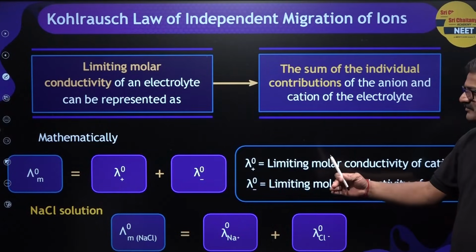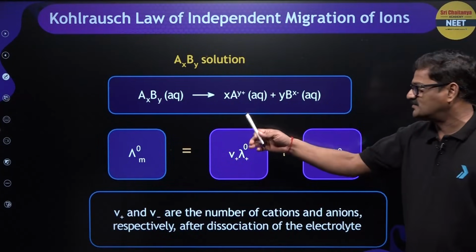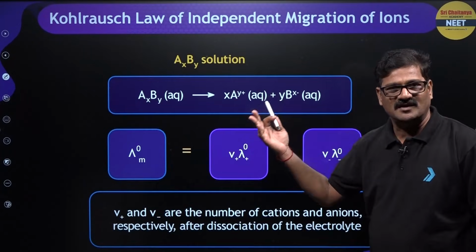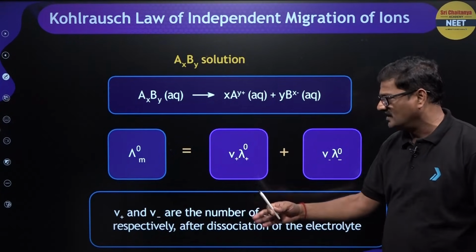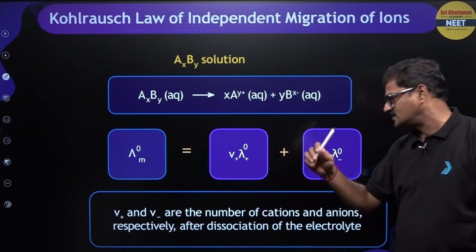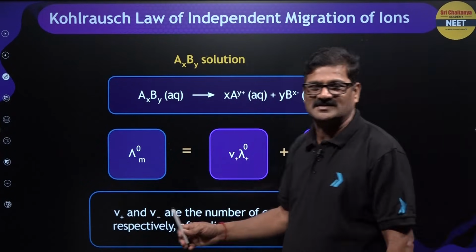Let us see some factors you can talk about here. For AxBy, x moles of A y plus and y moles of B x minus, where V plus and V minus are the numbers of cations and anions respectively in this equation.